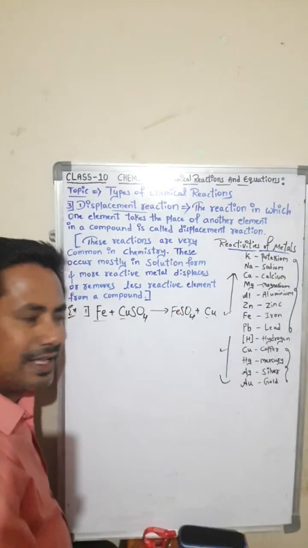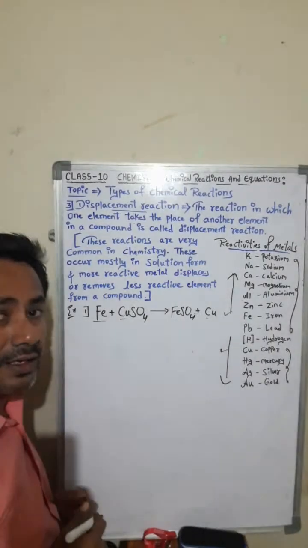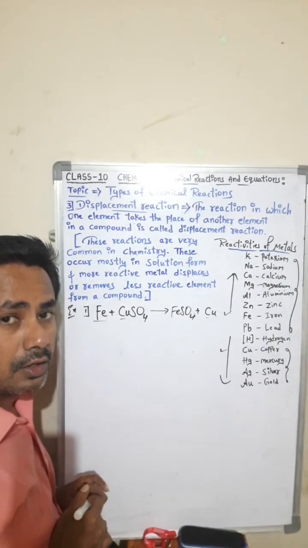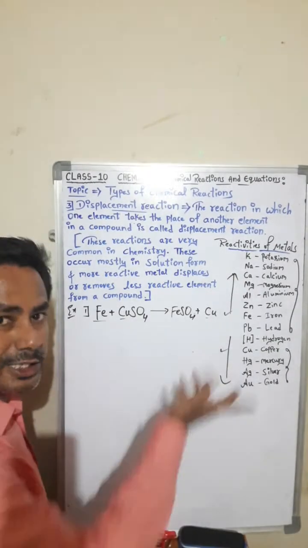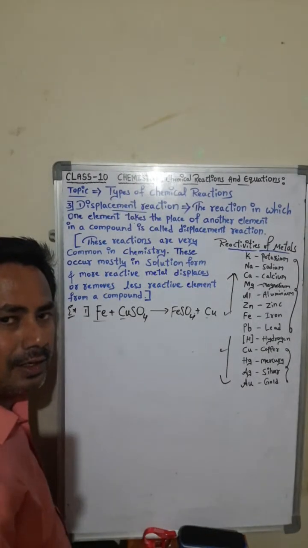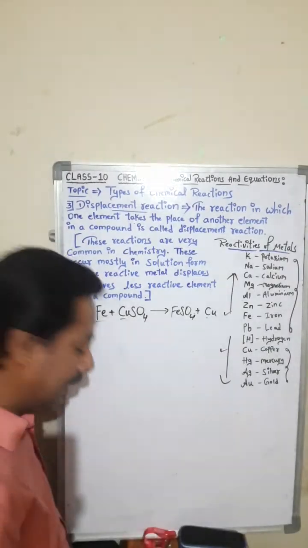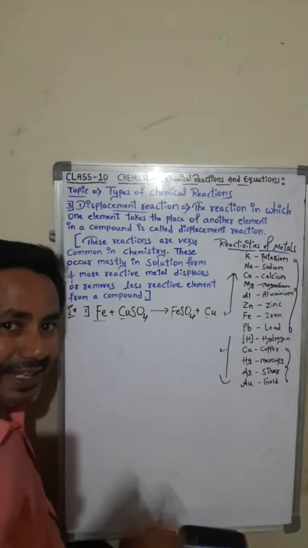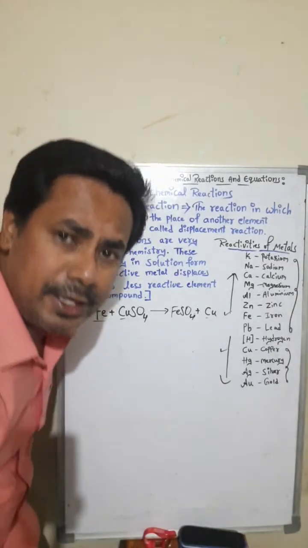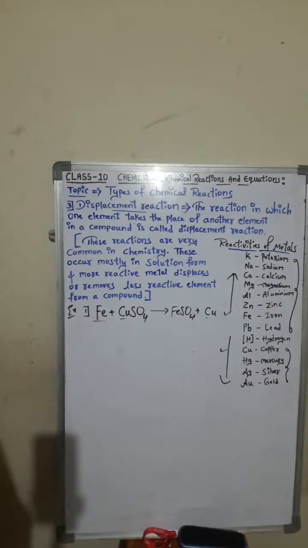Clear? Everybody understood the example? When iron combines with copper sulfate in solution form, iron displaces copper, ferrous sulfate is formed, and copper is separated. Clear? Are you getting it? We are going to see plenty of examples in this topic.